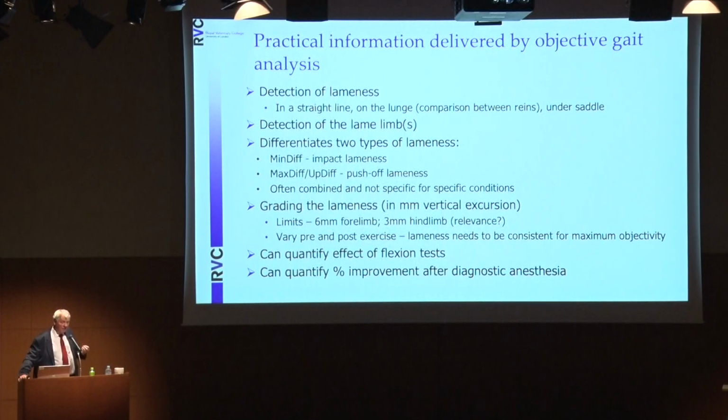And for me, when I'm looking mainly at sports horses, I have to see values above 10 millimeters in the hind leg to be convinced that this is a relevant lameness. However, what is very useful is that I can only see lameness with my eyes when it is 15, 16, 17 millimeters of asymmetry.